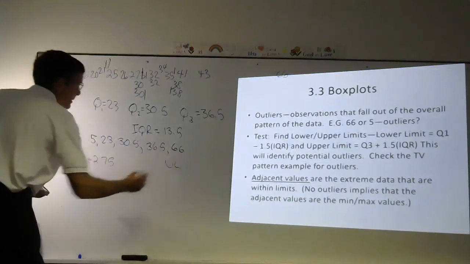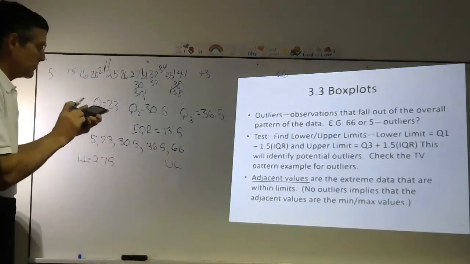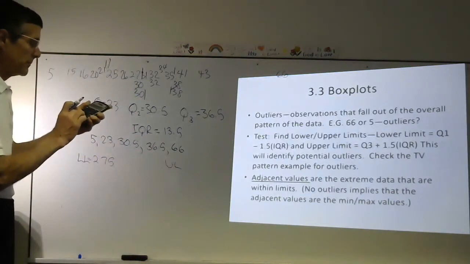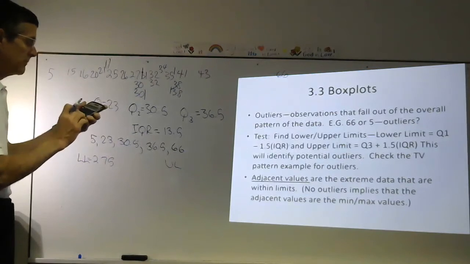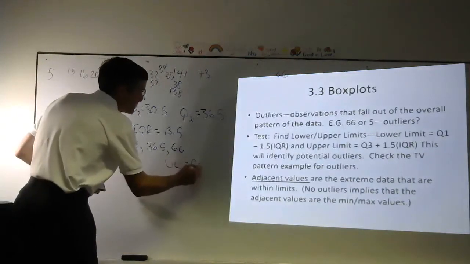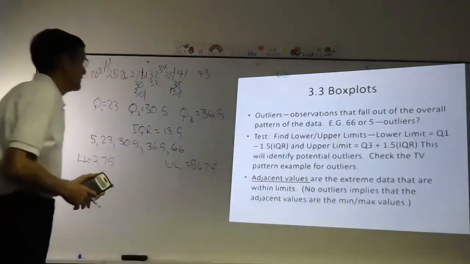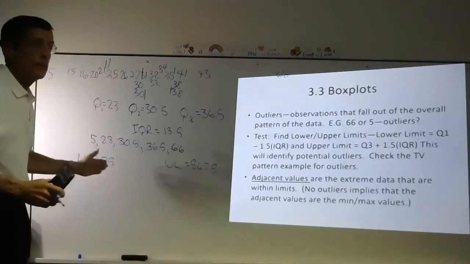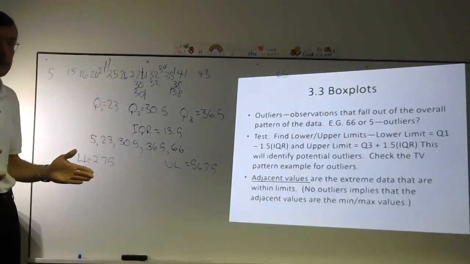The upper limit would be Q3, 36.5, plus 1.5 times 13.5. That gives me 56.75. Those are the limits of where the data should be.